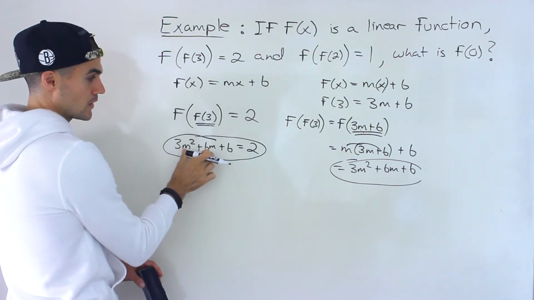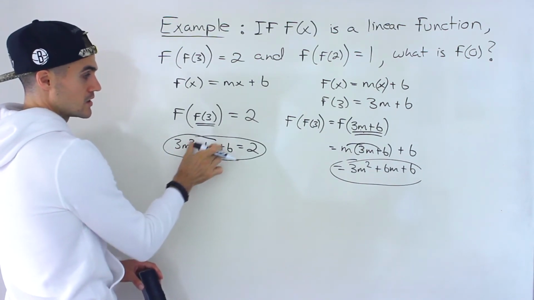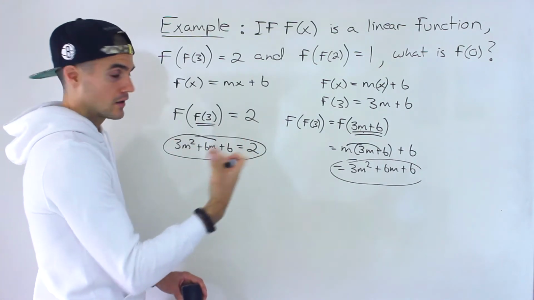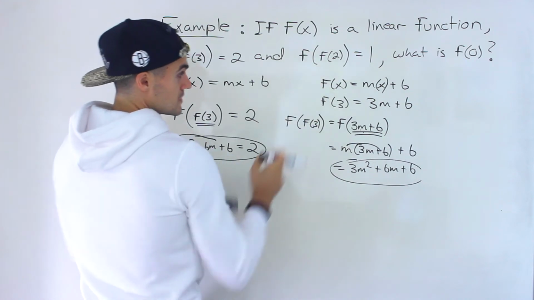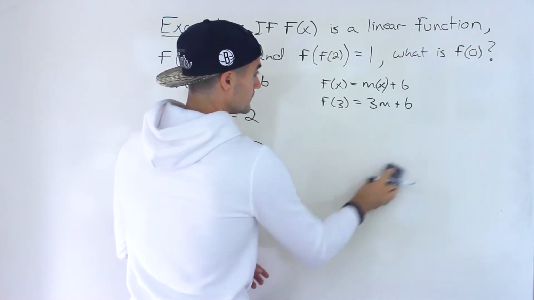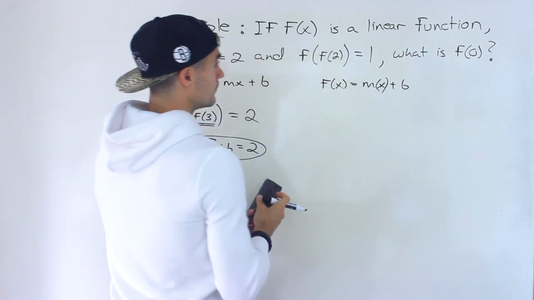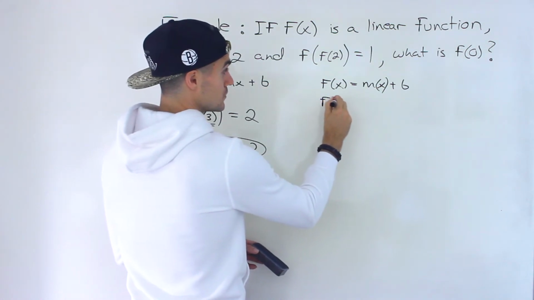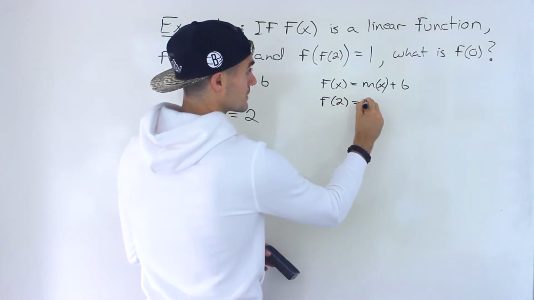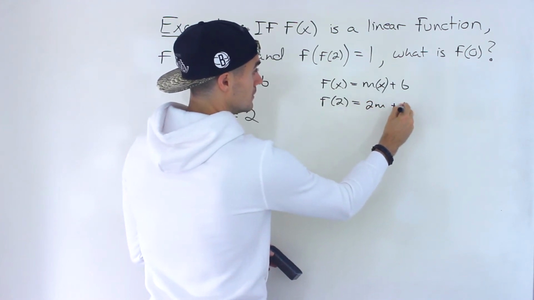Notice there are two unknowns we're solving for. So we have one equation, but we need another one. The other one comes from this expression here, f of f of 2 is equal to 1. Well, what's f of 2? We start with that inner bracket. That's going to be 2m plus b.